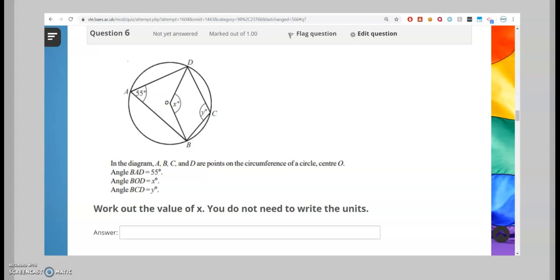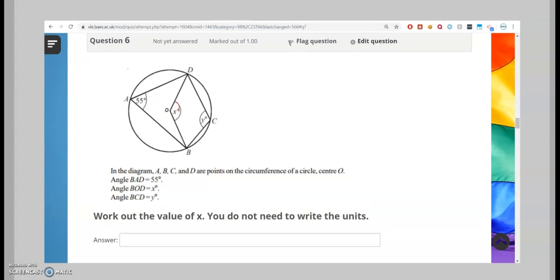So, looking at X, and we already know that this is 55. So this is angle at the center, and this is angle at the circumference.